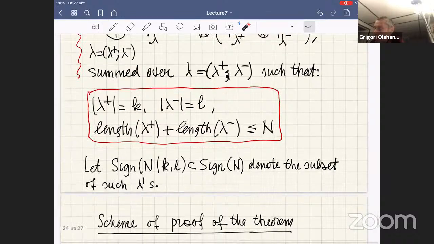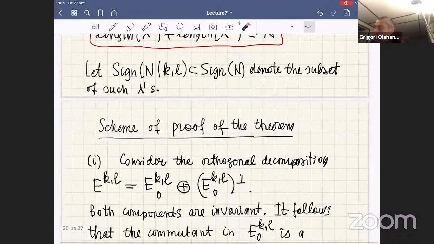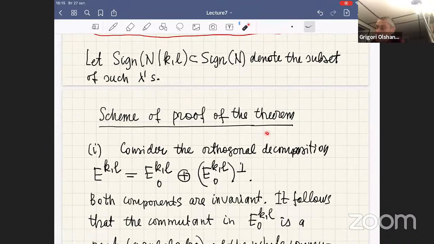And finally, I would like to briefly indicate the scheme of the proof. How to prove this? The first claim, that only the group elements survive, is easy. Namely, this is an invariant subspace. Take its orthogonal complement, so we get an orthogonal decomposition, which is invariant.